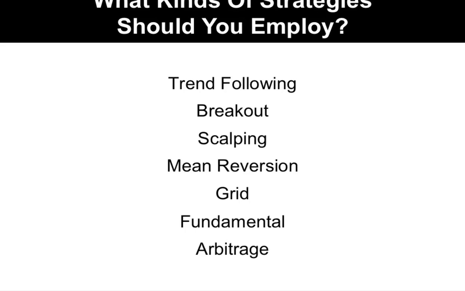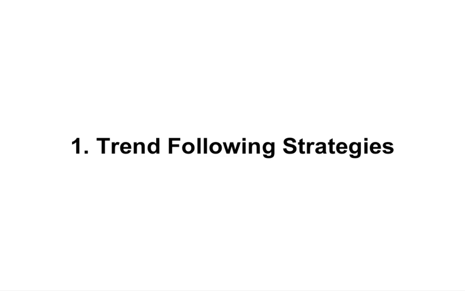And yet they each have a particular role to play. I personally traded all of these types of strategies, and I'm going to talk about each one briefly, so stay with me here. So first we have trend following, breakout strategies, scalping strategies, mean reversion strategies, grid strategies, fundamental strategies, and arbitrage strategies. So let's talk about trend following strategies first.